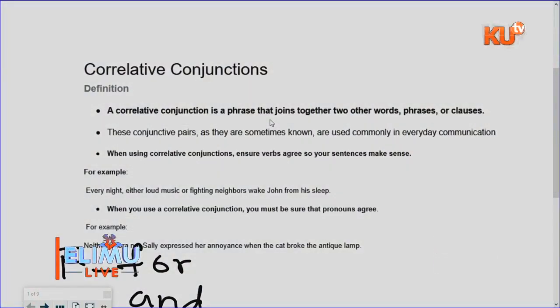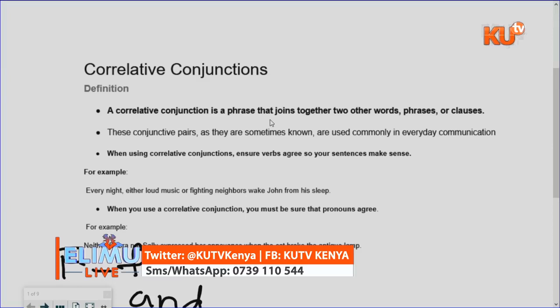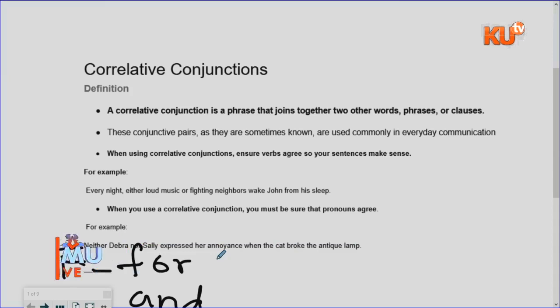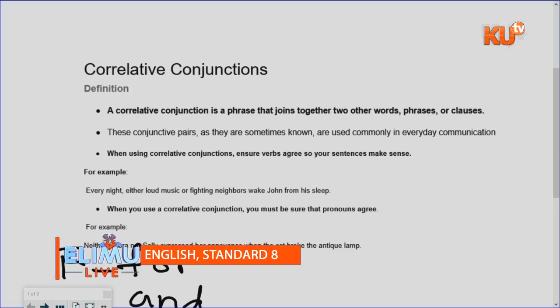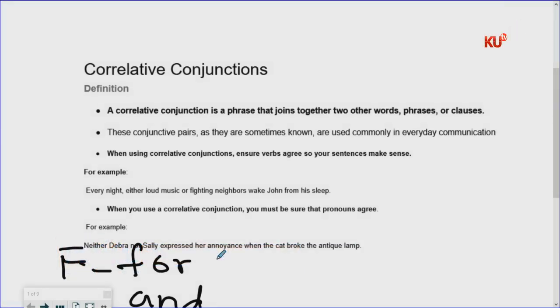I told you coordinating conjunctions join independent clauses, but subordinative conjunctions join dependent clauses. They are like although, because, since, unless, when, and while.